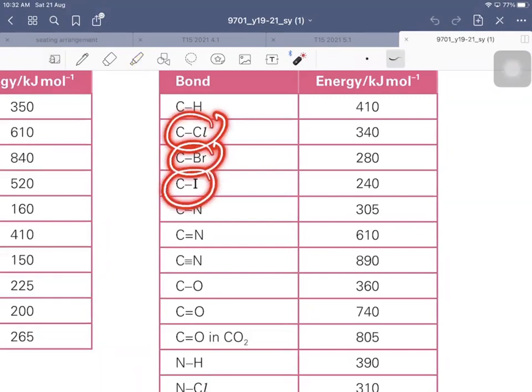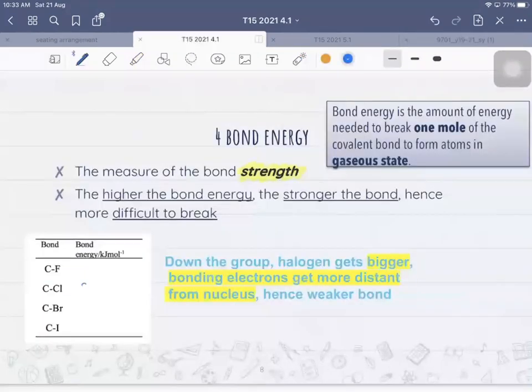You can see that the numbers are getting smaller as you go down, going from 340 to 80 to 40. And carbon-fluorine, somehow it's not included in the latest data booklet, but I managed to get this number from the older ones.